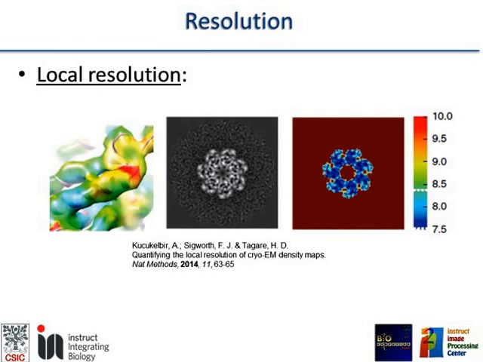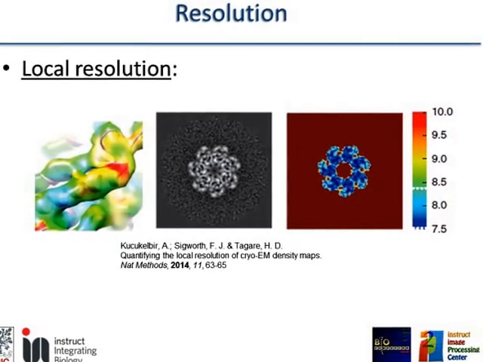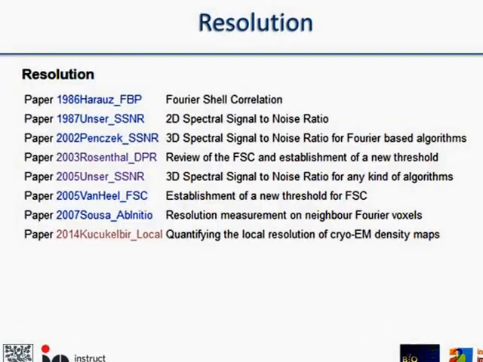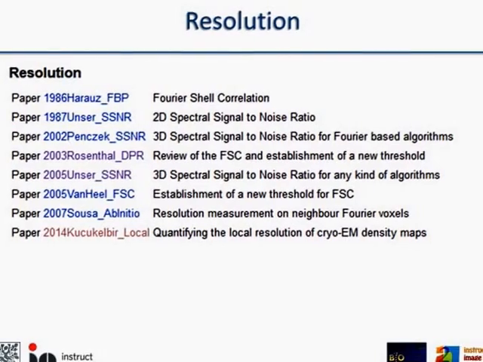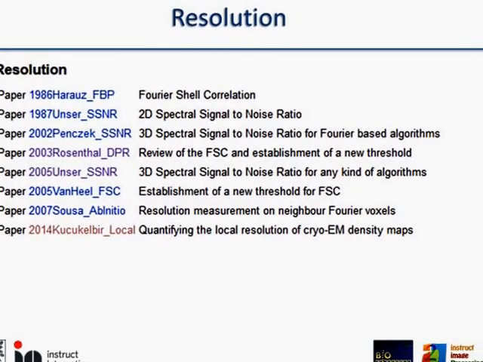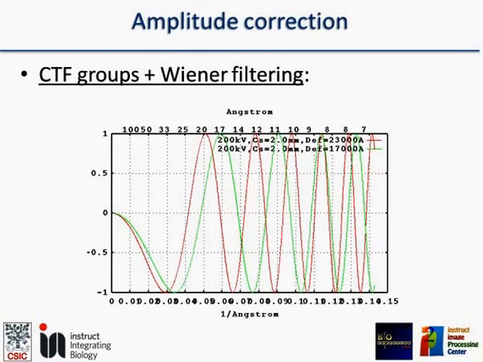So this is useful, and in the future I foresee that more algorithms in this direction will appear. And again, a lot of algorithms and a lot of papers related to how to measure the resolution in a 3D structure. Then the amplitude correction.